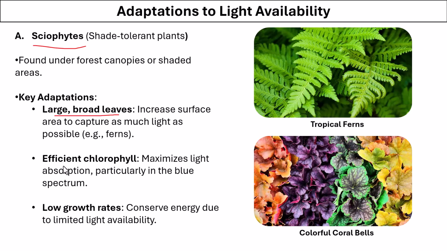They increase the efficiency of photosynthesis by locating chlorophyll at the areas of the plant body where they receive more light, and they also have specialized chlorophyll which absorbs the maximum amount of light, particularly in the blue spectrum. Their growth rate is usually low because they are trying to conserve energy, since they don't have much energy because of limited light availability.